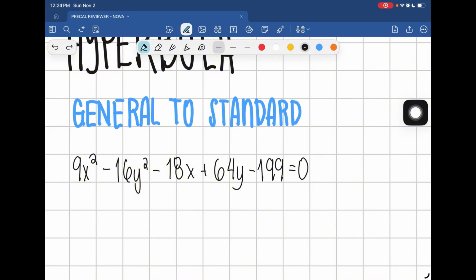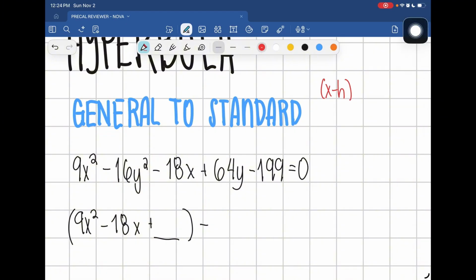So 9x squared and negative 18x have the same variable. Then we add plus blank because we're going to complete the square. Next, let us use a negative sign because we want it to be identical to the standard equation, which is x minus h quantity squared over a squared minus y minus k quantity squared over b squared is equal to 1.